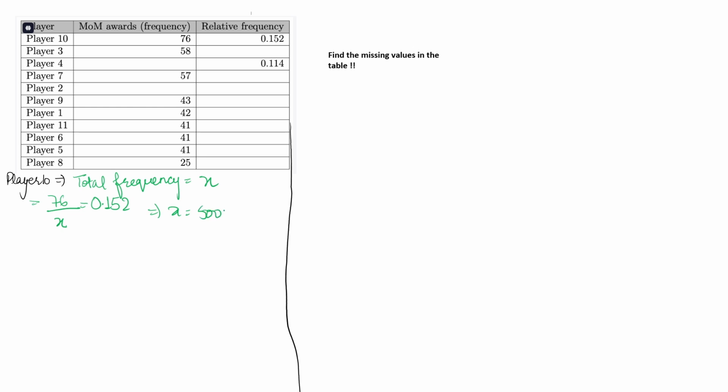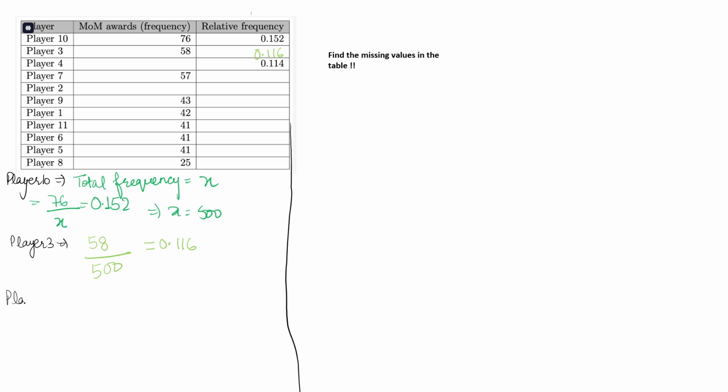Alright, now let's move further. We already know that 500 is the total. Now for player number 3, 58 is its particular frequency, and the total is 500, so this will be 0.116. Now for player 4 we have only the relative frequency and we have to find the particular frequency.